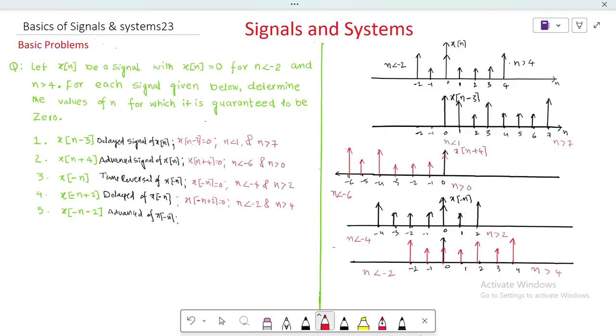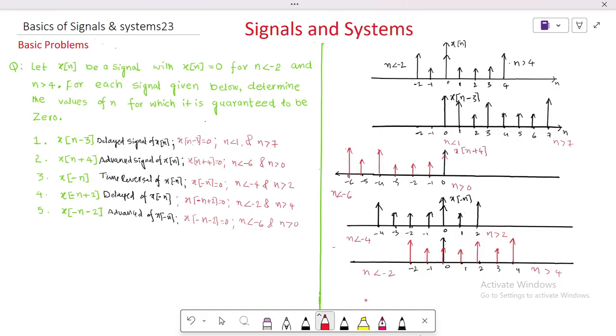Then x of minus n minus 2 equals 0. So this is the advanced signal, to be shifted to the left side. So subtract 2 from this: x of minus 1, subtract 2. Then n less than minus 6 and n greater than 0.